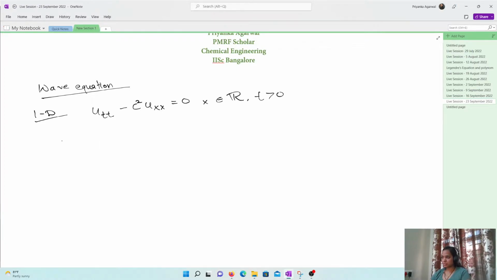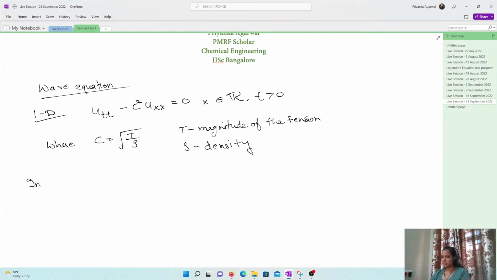And here the constant c is given by the square root of T by rho, where T is the magnitude of the tension. So this has already been explained in the lecture, so I will not go through it again. If you have any doubts, please revisit the lecture, or if you have some specific doubts, you can ask now. And rho is the density.